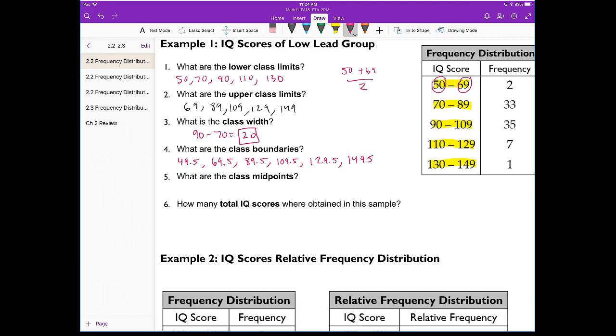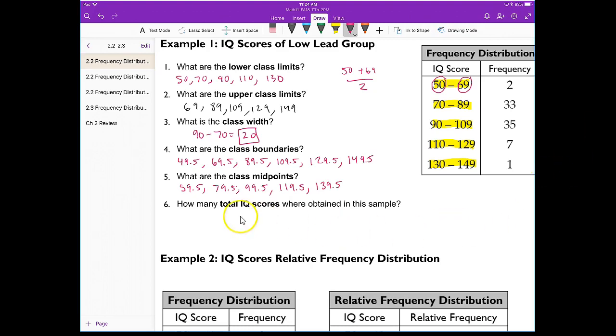If you work that out, you should get 59.5, and then continue in that fashion. Taking 89 plus 70, dividing by 2, you'd get 79.5, and then 99.5 is the next one. The fourth class midpoint would be 119.5, and the last class midpoint would be 139.5. All right, so hopefully that makes sense.